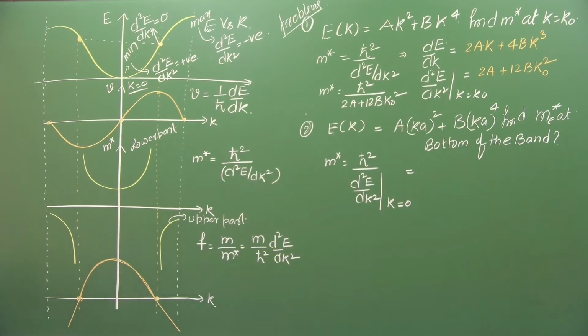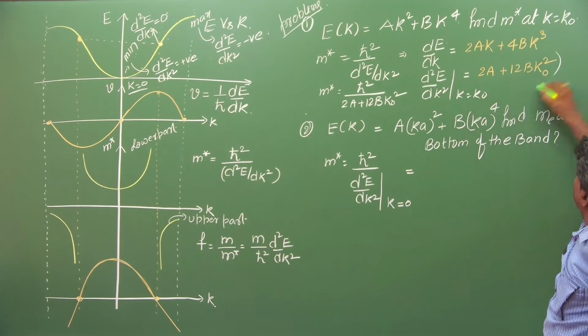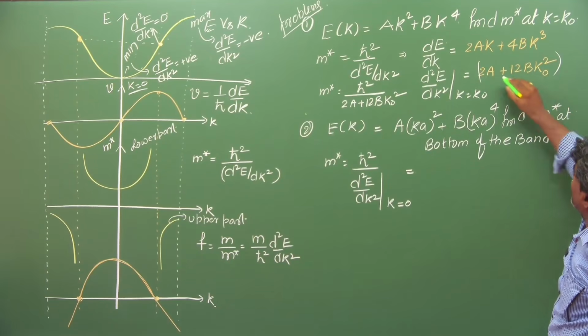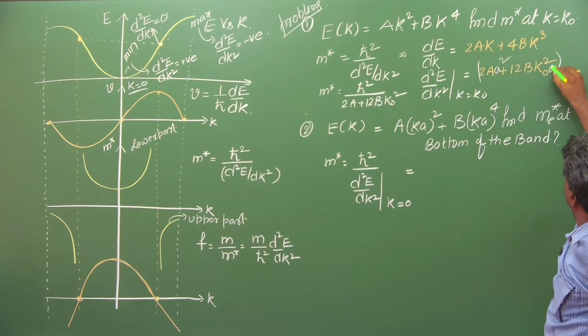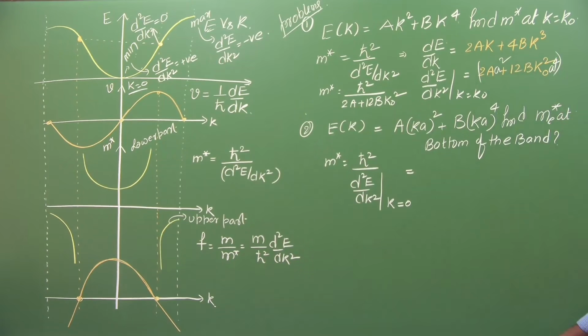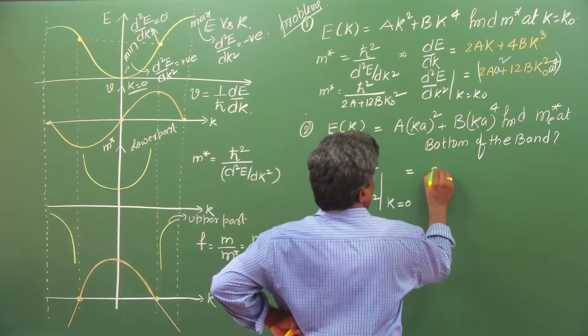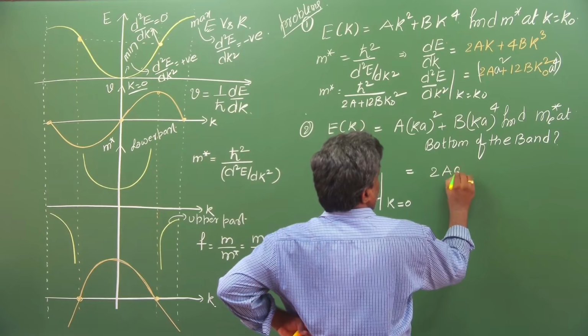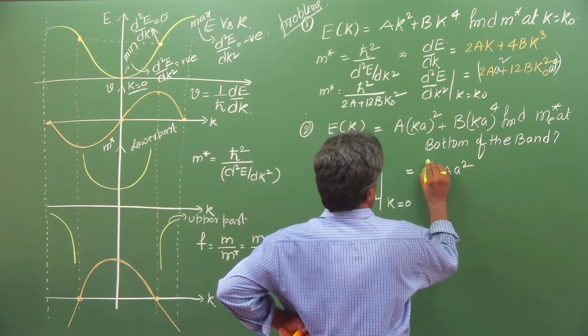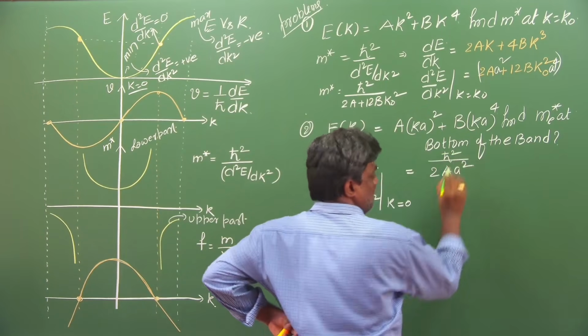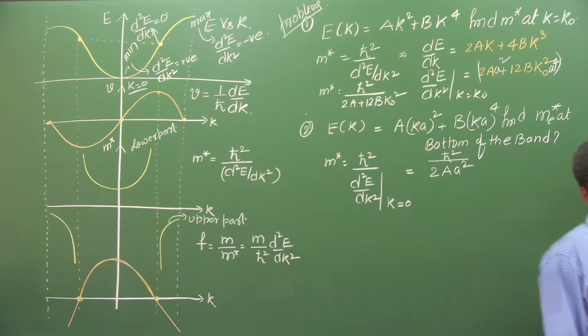Find the 2 times derivative and put k equal to 0. The second term is 0. I think you got the answer: h cross square by 2a square.